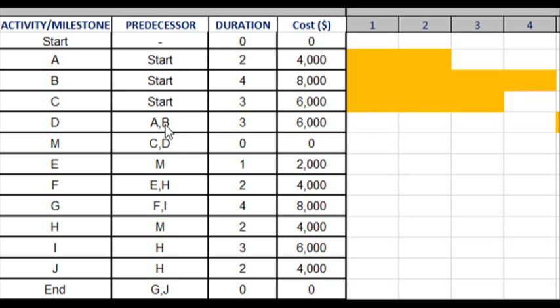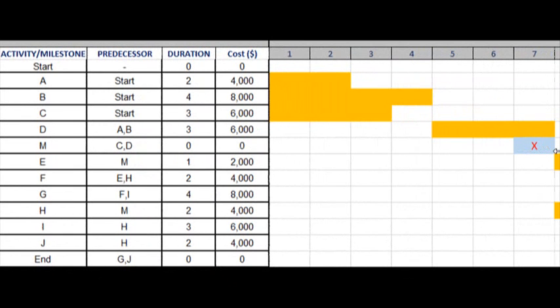Now, D is the next activity, which is dependent upon the completion of both A and B. It's a finish-to-start relationship. When A and B both finish, D may start. So as we extend our project schedule a little bit, here's where D sits.